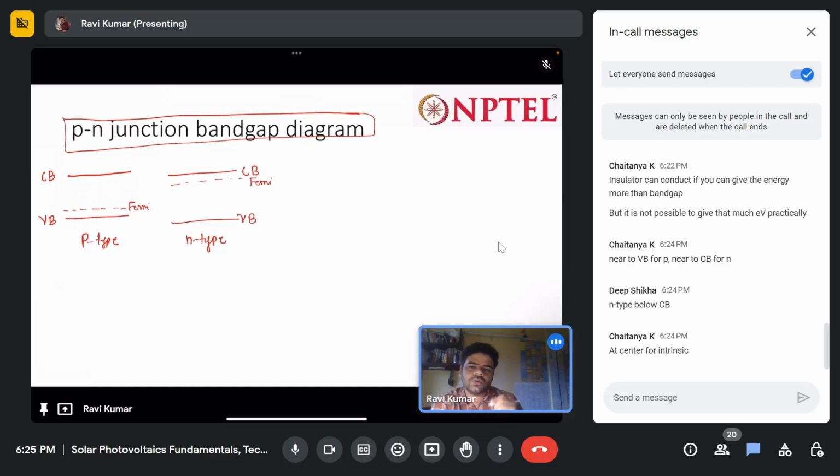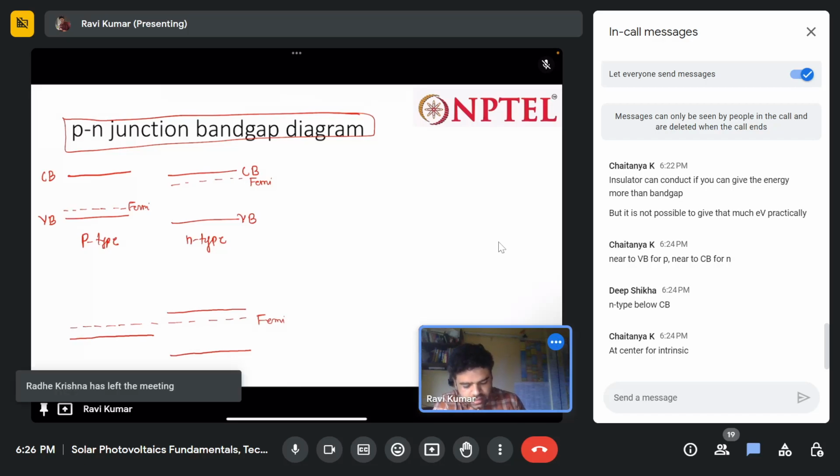So what should be the same? The Fermi level should be the same. If we draw the Fermi level first, then for the n-type, here will be our conduction band and here will be our valence band. And in the case of p-type, here will be our valence band and here will be our conduction band.